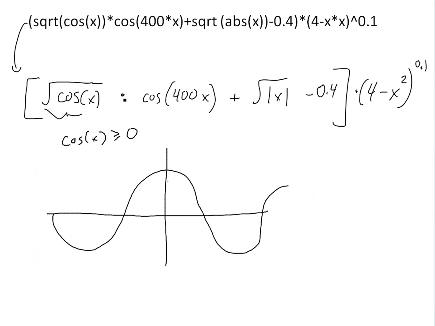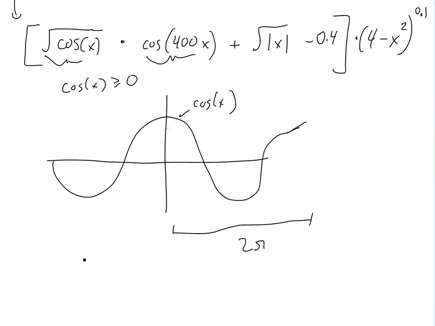Okay, now if we look at this one right here, the cos 400x. With a regular cosine curve, this is cos x, we know that the period, or the point where it starts repeating itself, is 2 pi, just like a circle. But in this case, it's going to be much smaller.